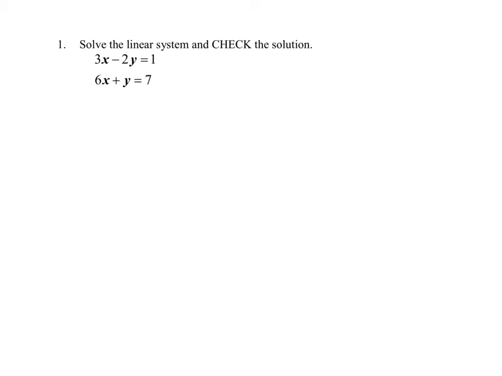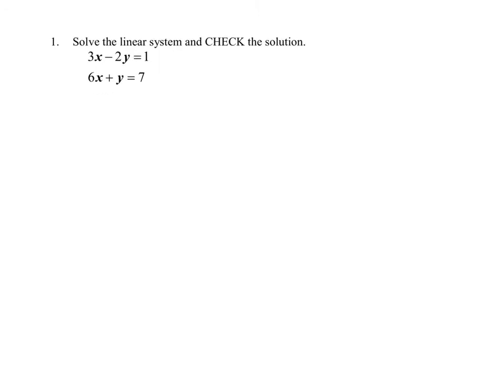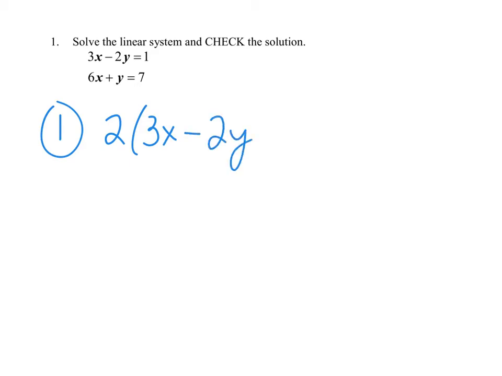Hello everyone. In this video we're going to solve the linear system using the technique of elimination. So we're going to take equation 1 and multiply it by 2. The reason is that in equation 2 the coefficient of 6 on the x term can easily be created in the first equation if we multiply it by 2.